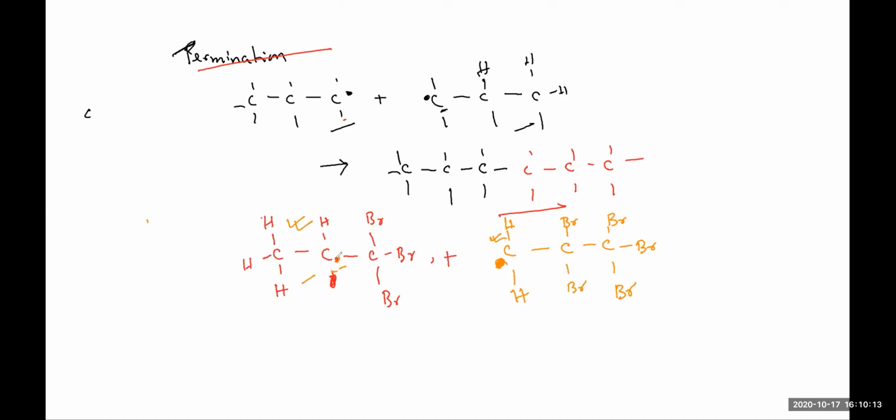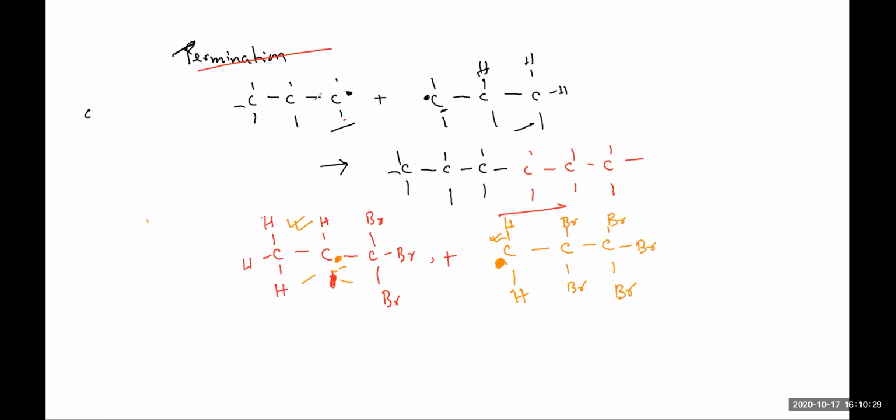So this free radical and this free radical are going to join together, and then it's going to form a hydrocarbon. What else can happen? Sir, go back a bit, show the diagram. This free radical is going to come here and join. So how is it going to look?